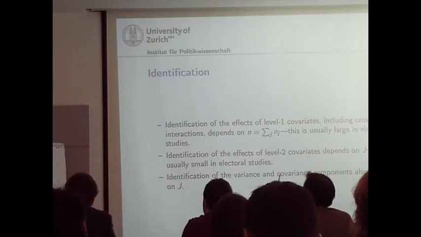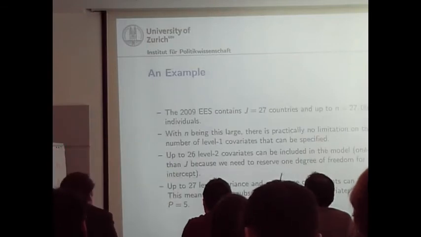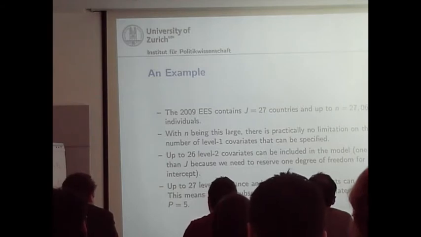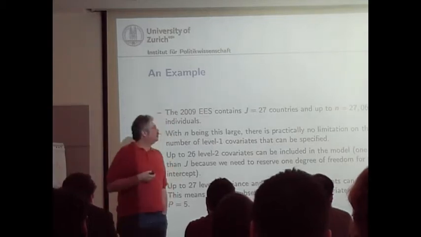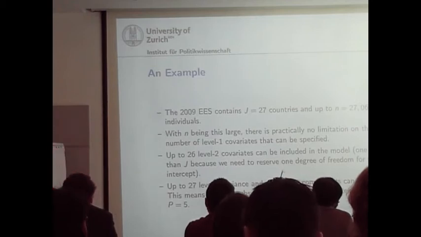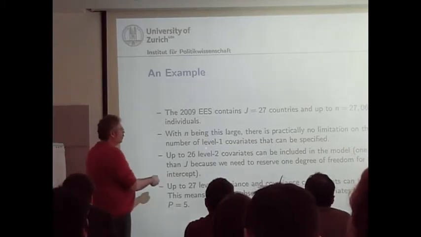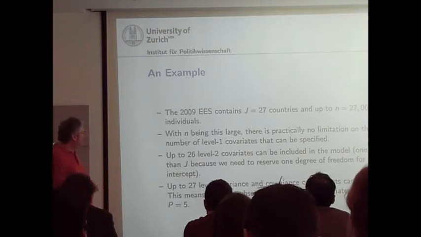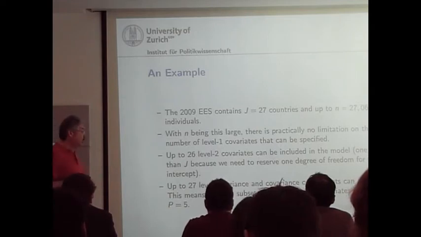And to just give you a flavor of how quickly this can go awry, this is the 2009 European election survey where we have 27 countries and up to 27,000 observations at level 1, say, individuals. So there's practically no limitation on level 1 covariance, but only up to 26 level 2 covariance can be included in the model.